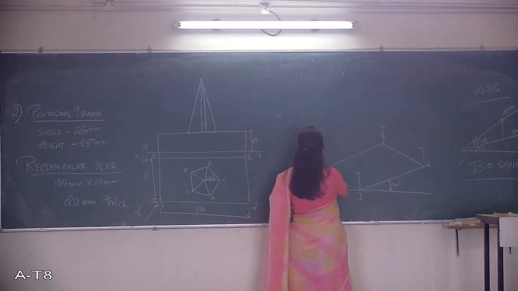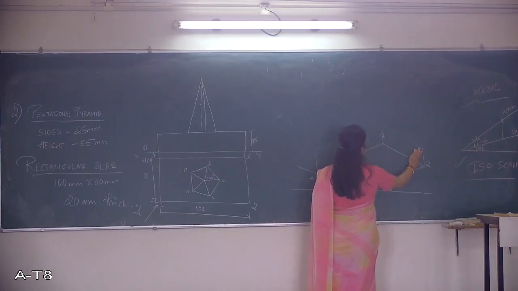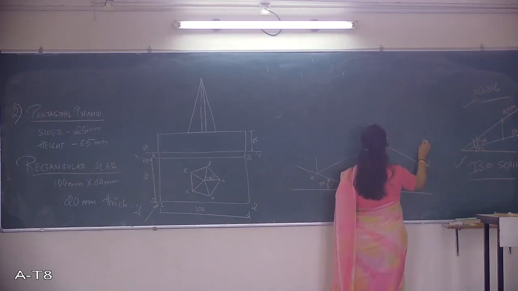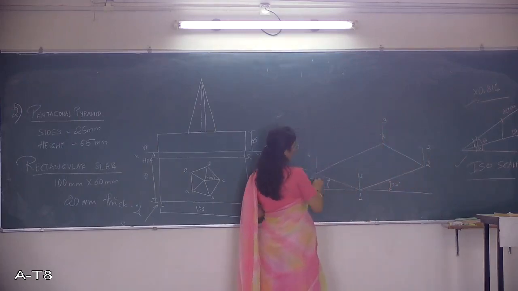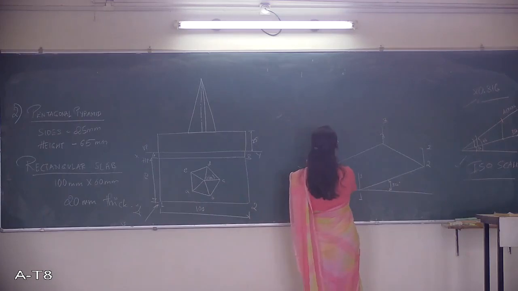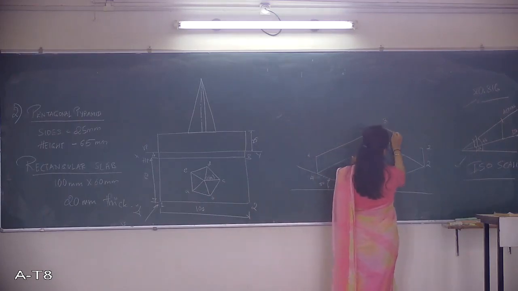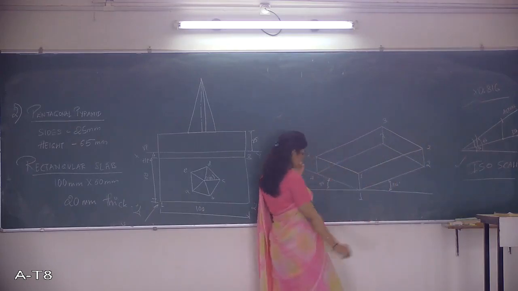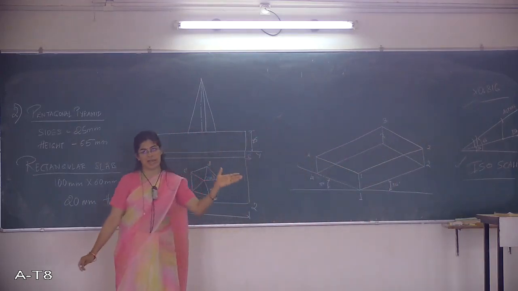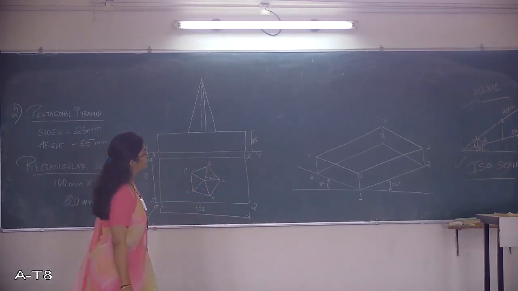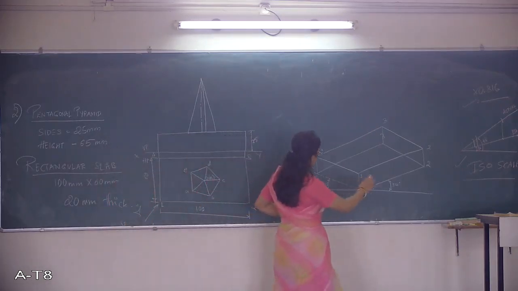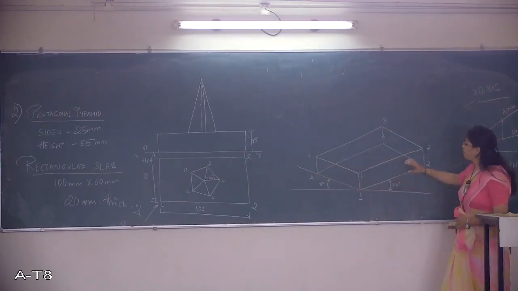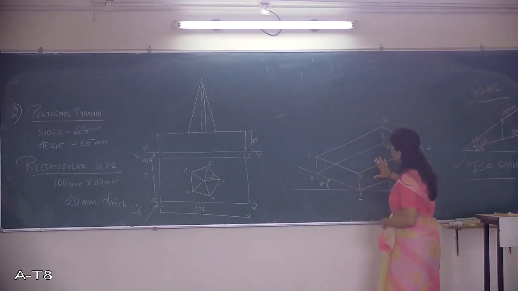So once you draw this vertical line such that you are getting all the 4 points again, that is 1, 2, 3 and 4, you simply have to join these points such that you will get the rectangular slab. Okay, so if you can see, it is a rectangular slab. Please excuse me for all the not so proportionate drawing. So this is how you get the rectangular slab.